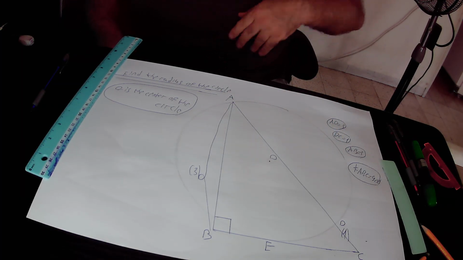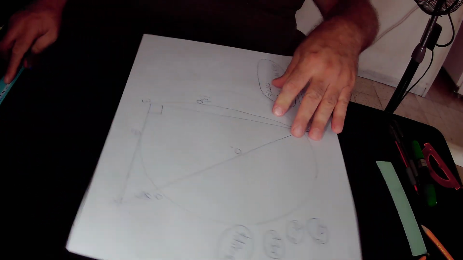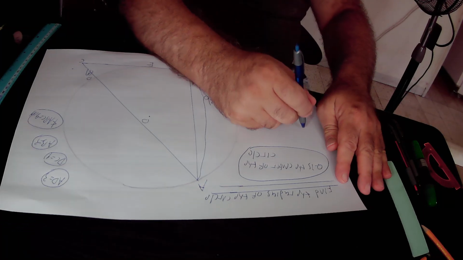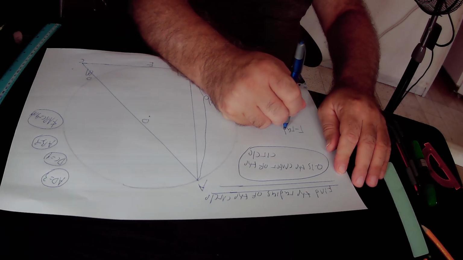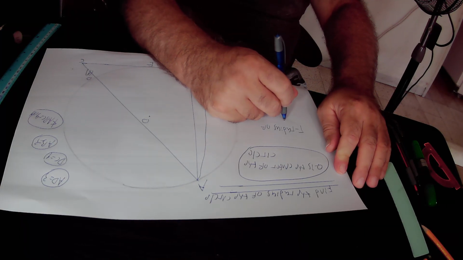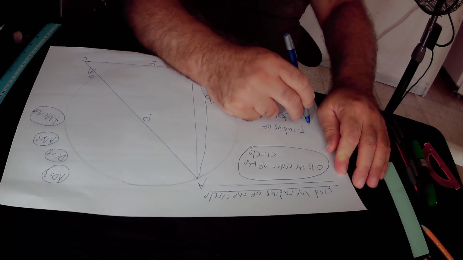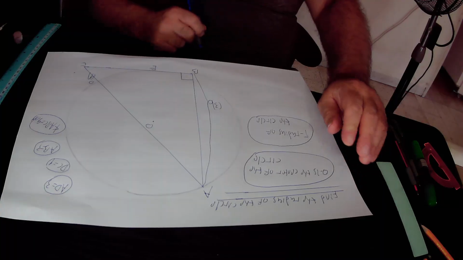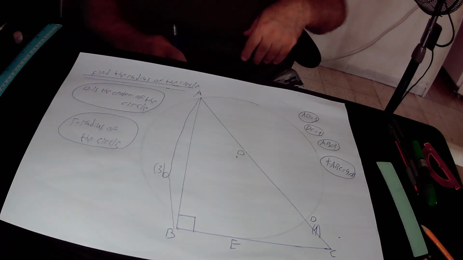So we define the radius of the circle as R. And we can implement here Rule 25.